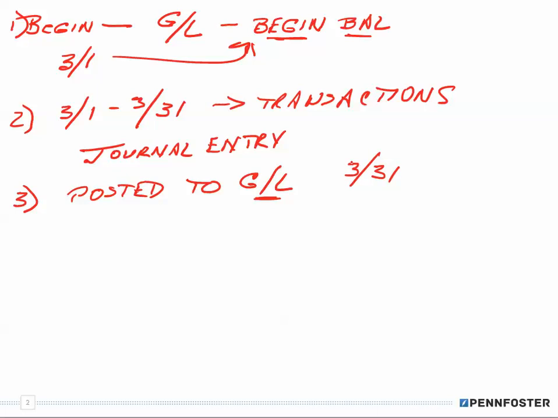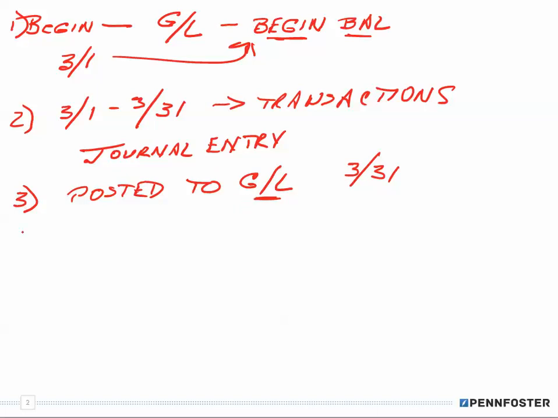So some businesses will make journal entries all month and then just post it on the last day of the month, or at the last day of the accounting period. But the whole point being is that for the entire accounting period, on the very last day of the accounting period, all of those journal entries have to be posted into your general ledger accounts.